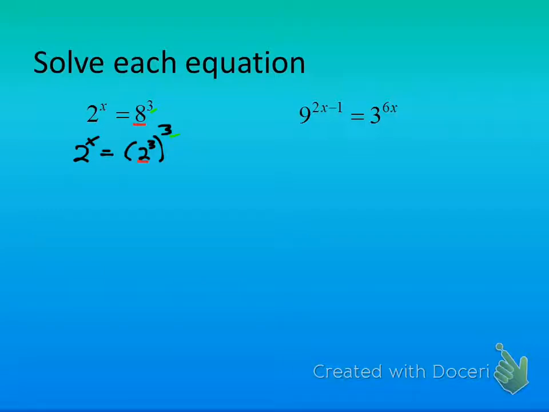So rewrite 8 as a base of 2. And then I'll do your power of power rule here. So 2 to the 3rd to the 3rd becomes 2 to the 9th. Multiplying there since it's power of powers. And now that you have them down to single bases, so bases of 2's, then you can set the exponents equal to one another. So in this example, x equals 9.